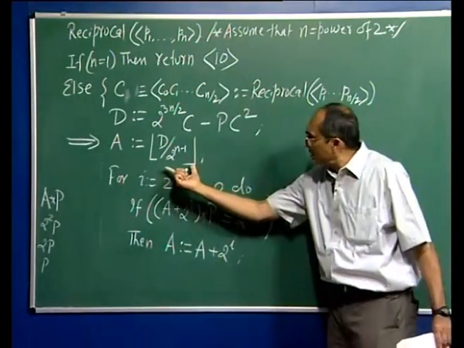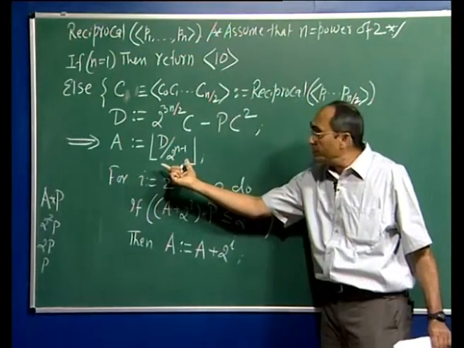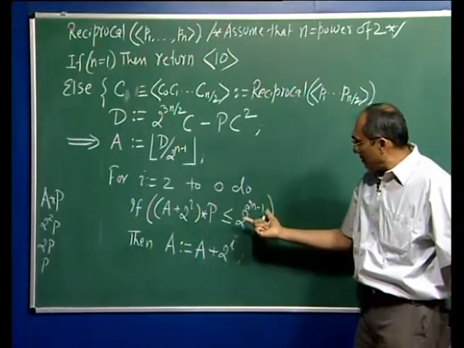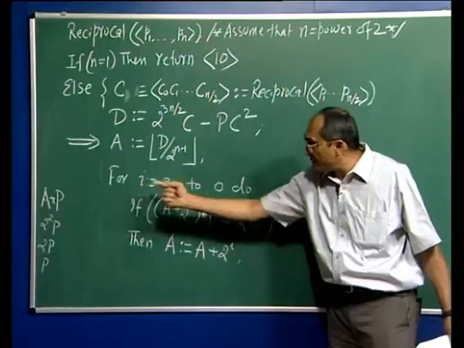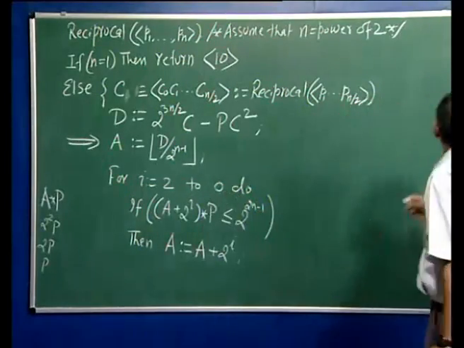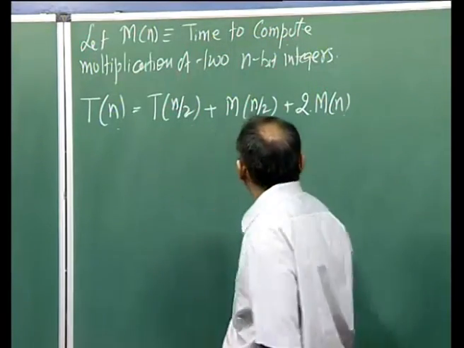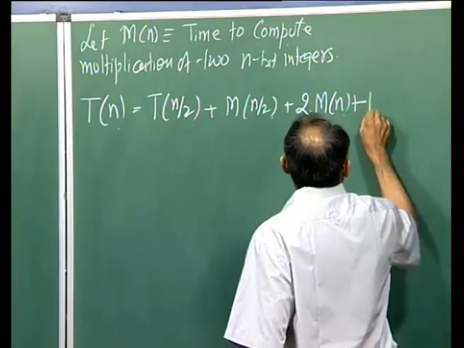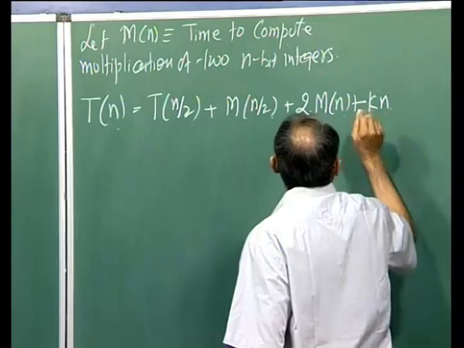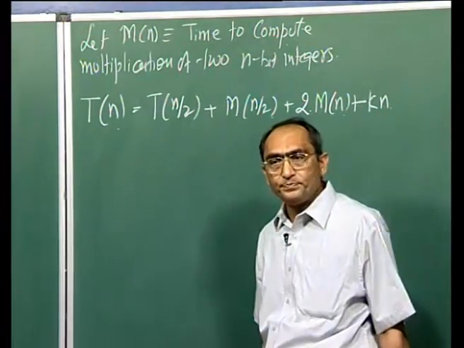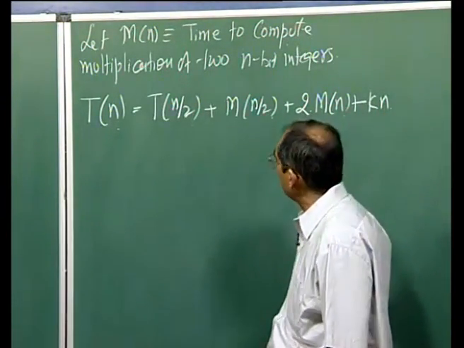This is linear in the number of bits. And this we said requires one multiplication of M of n, so we will make it 2, and then a few terms, some constant k times n, linear terms in the bits.